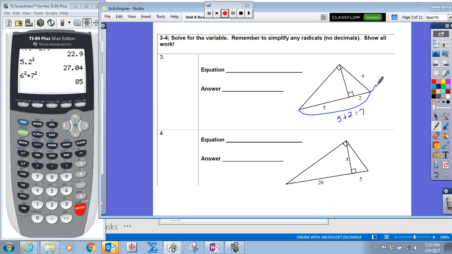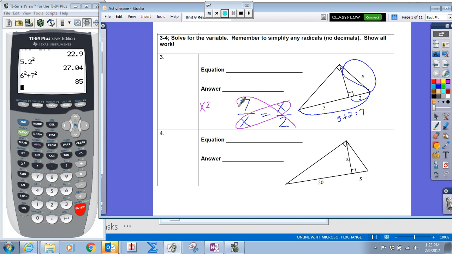Then you're going to run up here. So we're going to set the ratio. So we would start out with 7 over x equals, and then come back down, go x, and go down, that would be 2. Cross multiply, so we have x times x, which is x squared.